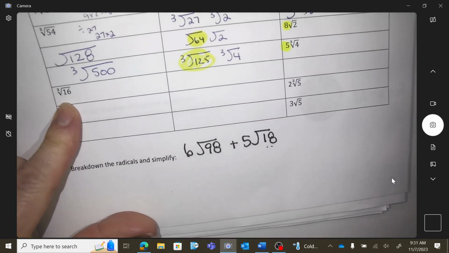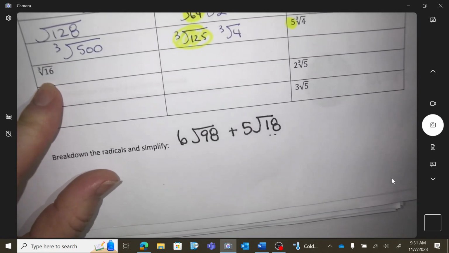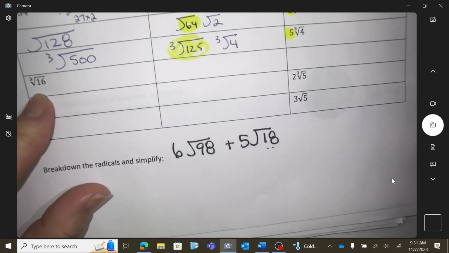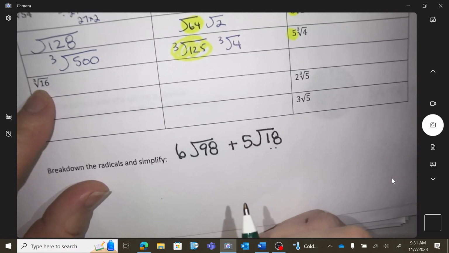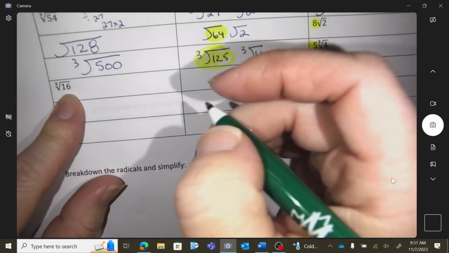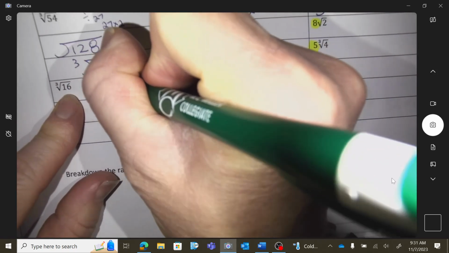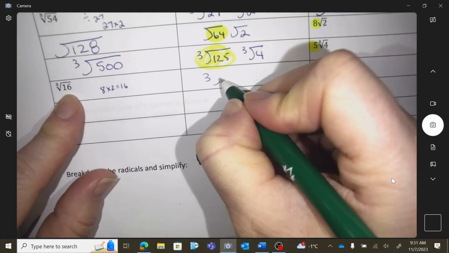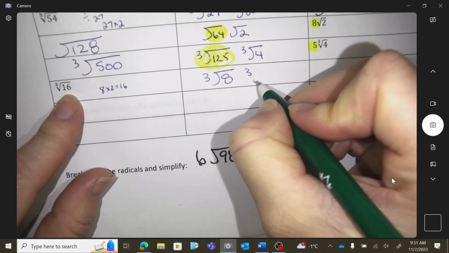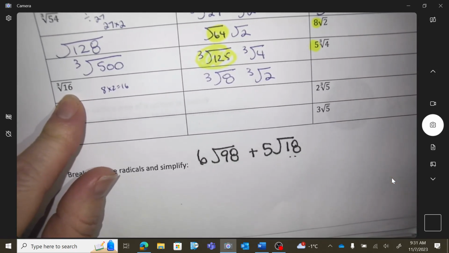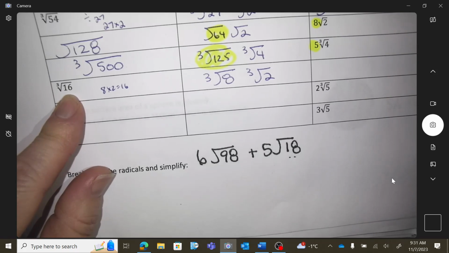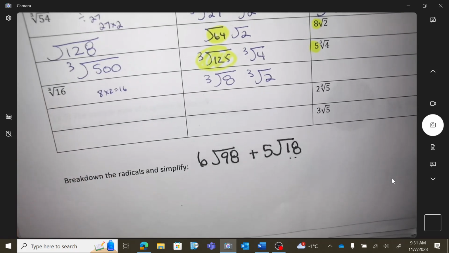Okay, cube root numbers, 8, 27. What is this one divisible by? 8. So the cubed root of 8, the cubed root of 2 is the same as writing a cube root of 16.